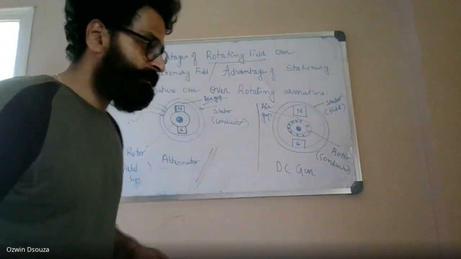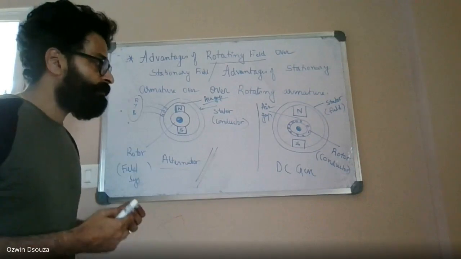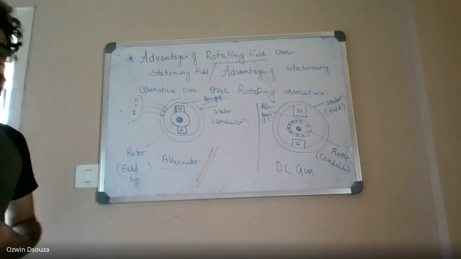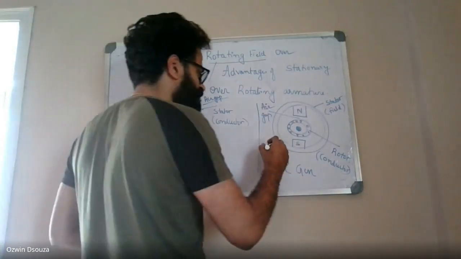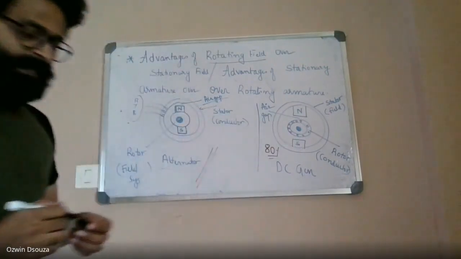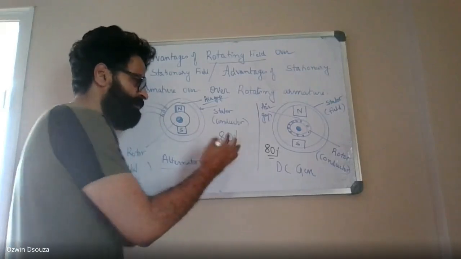Though we know that DC machines were invented first, why did we go for a drastic change in design? This design was working well. It was giving an efficiency of slightly more than 80%. Even your alternator gives almost the same efficiency, 80%.